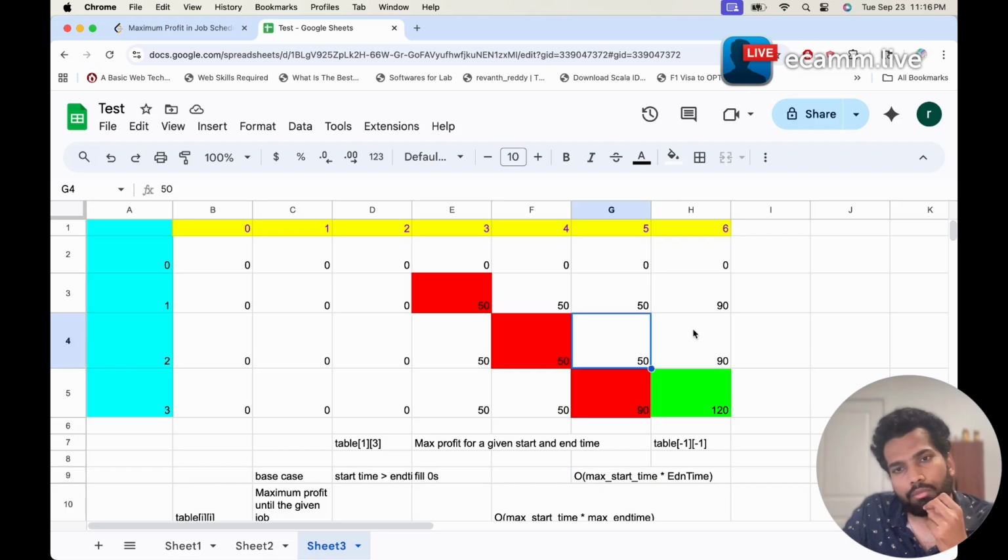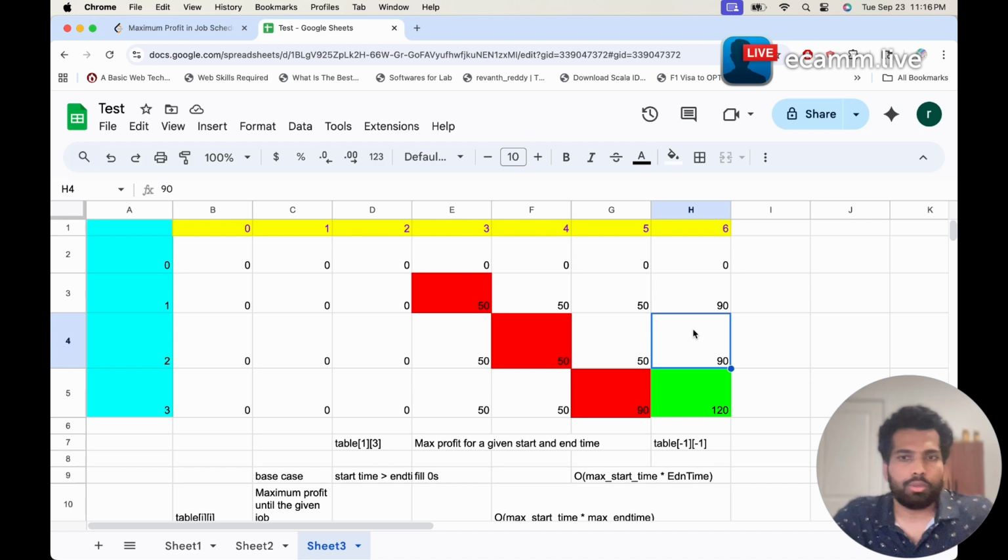And if you see, we are only concerned with the end times here. So all we are looking for is the maximum profit at a particular endpoint. We're not even looking for the start time. Just the end time is enough.